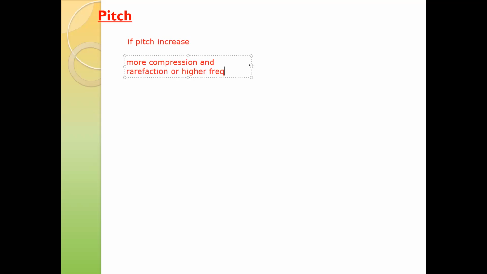So pitch affects the frequency. Higher pitch means more compression and rarefaction, or more vibration per second.